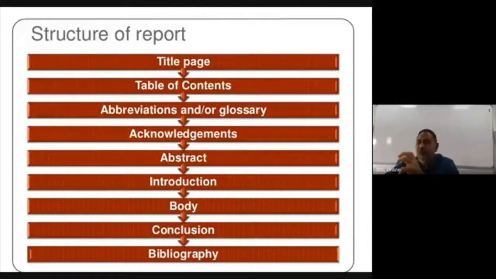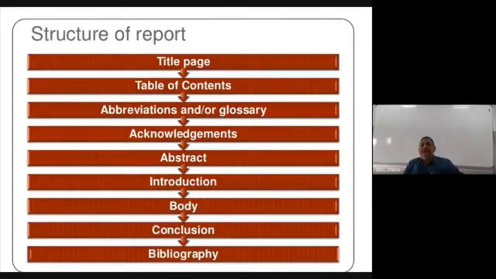The reader who is going to read the report first reads the abstract or executive summary. By reading it, he can make up his mind whether to read the report or not. The abstract gives you the nutshell of the information.